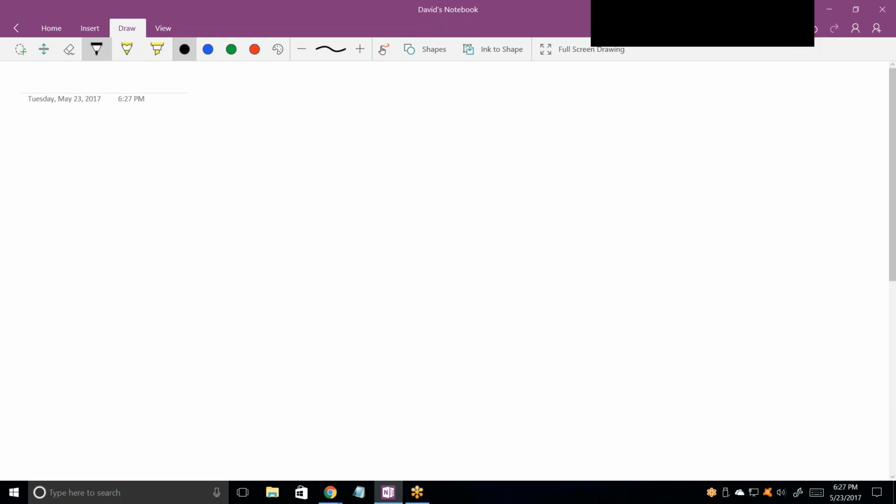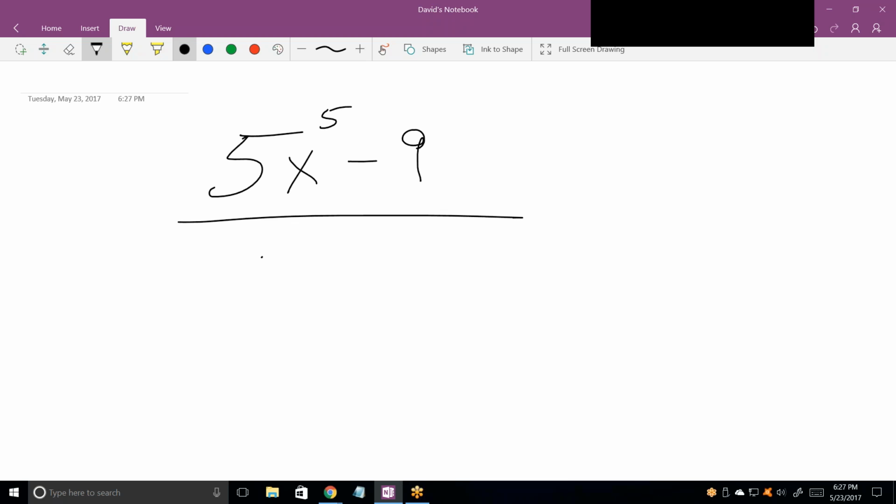What else, William? So this next one, I'm foggy on this topic, so I'd like to go through it. It's 5x to the 5th minus 9 in the numerator of a fraction, and the denominator is 9x to the 5th minus 5.